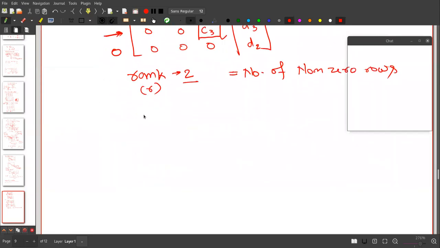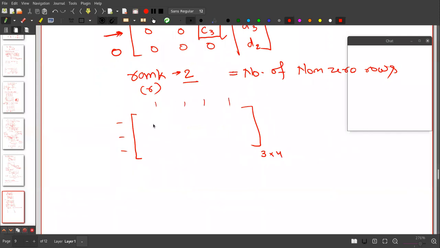Now what are we going to do? We have a matrix, a system of equations. Let's say we have three equations and four unknowns, which means three rows and four columns.